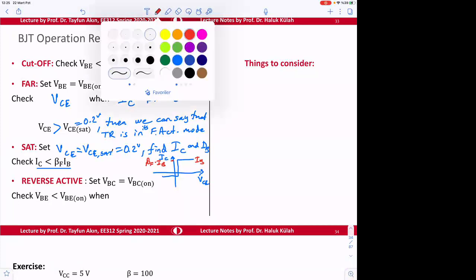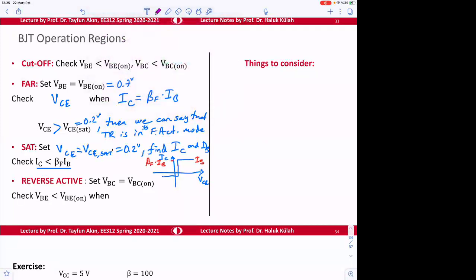So if the IC that we find here is less than beta F IB, then we are in the saturation region. Therefore, that's what we do here. If it is less than beta F I base, then we are sure that it is in the saturation region.